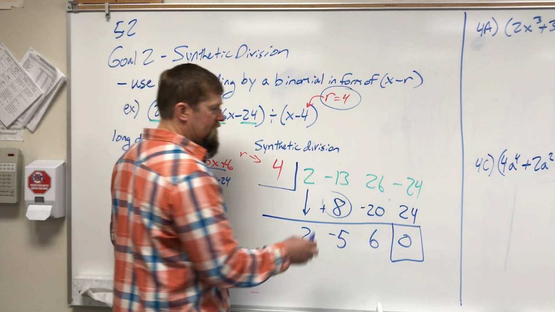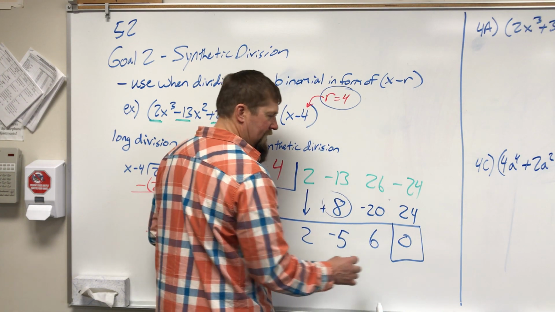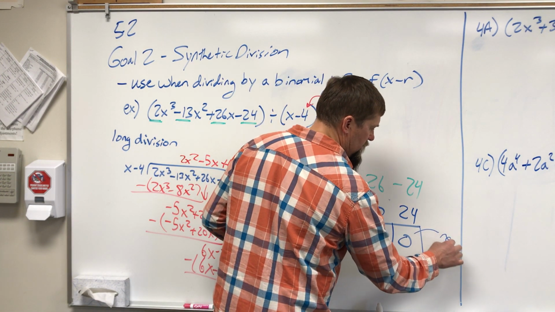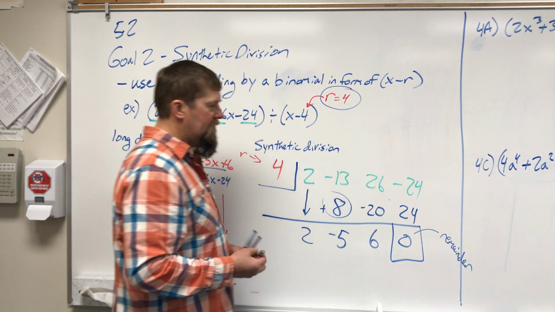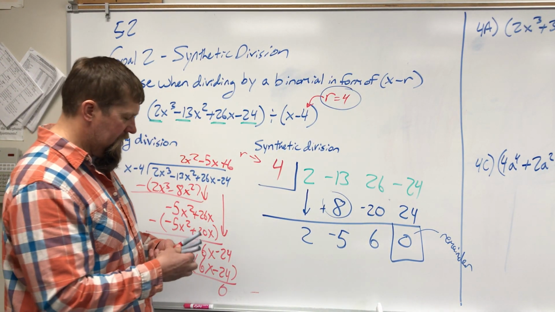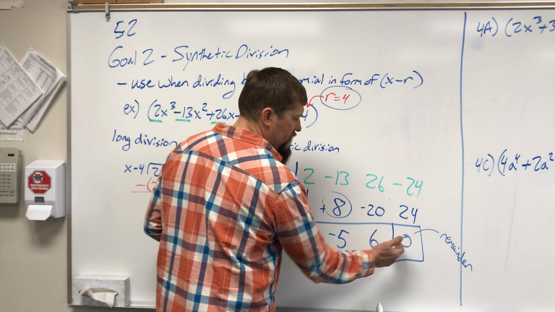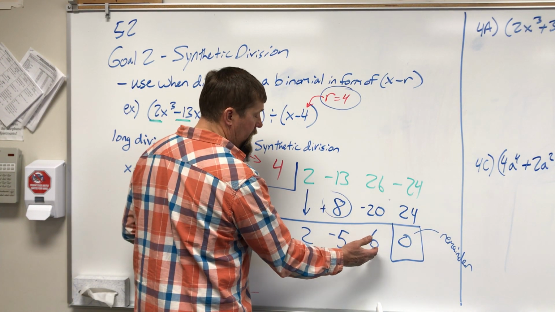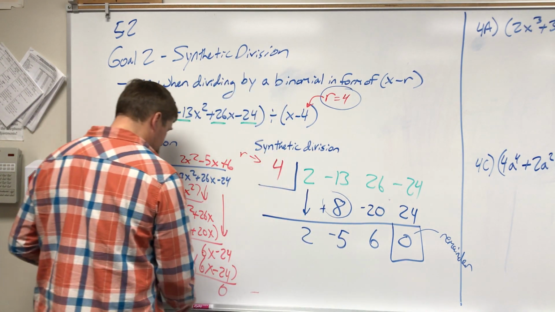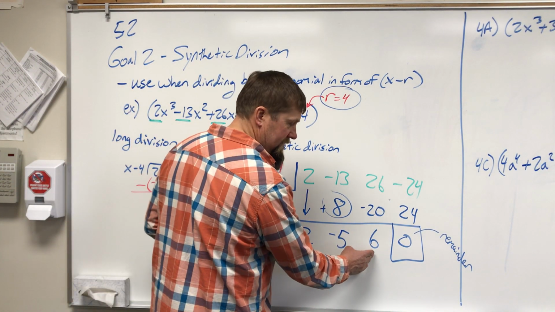Now, the reason I put a box around the last number is that it is the remainder. The next number next to it is the constant.